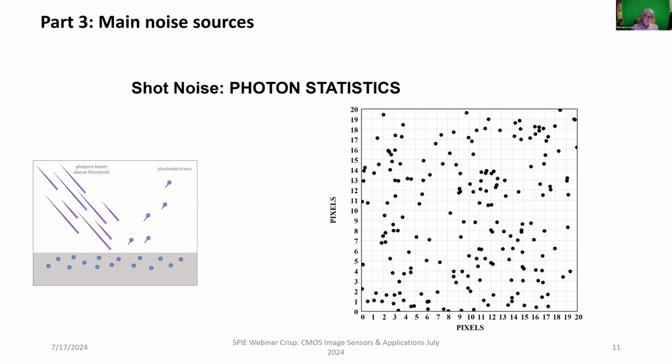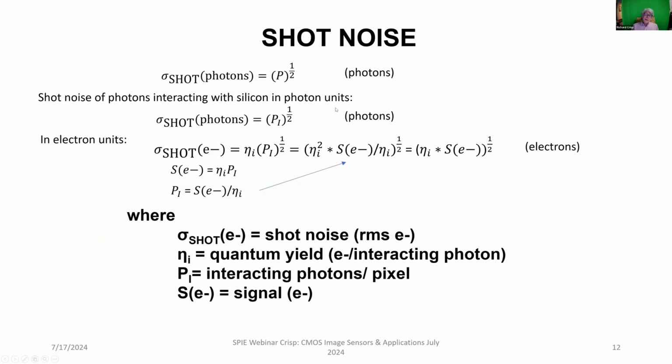Incident photons have a Poisson arrangement in terms of the numbers at a particular time that are collected. And when you sample a Poisson type arrangement like that, you get an RMS noise, and that's equal numerically to the square root of the number of photons. So this would just be light that's shining, visible light that's shining.